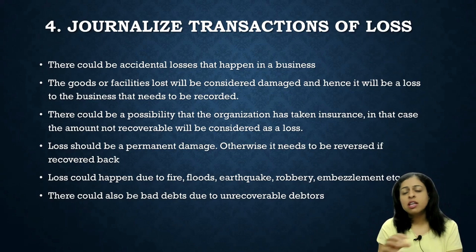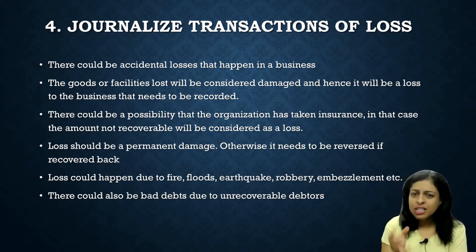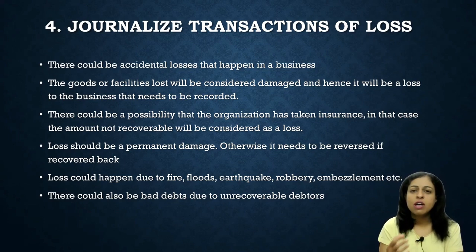There could be innumerable types of losses. Now we are going to deal with a few of them, like loss by fire, loss by theft, loss by floods, loss by embezzlement, and so on. Then there is a special type of loss connected to debtors.